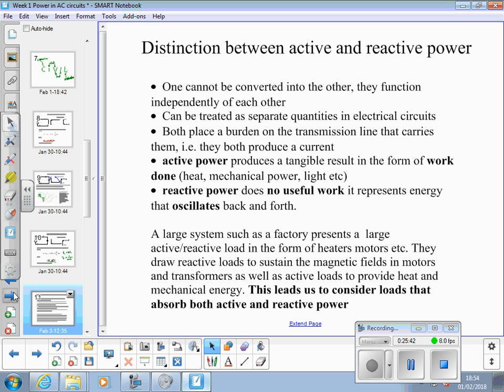A large system, such as a factory, presents a large active and reactive load in the form of heaters, motors, transformers, etc. They draw reactive loads to sustain the magnetic fields involved with them in the transformers, as well as active load to provide heat and mechanical energy. This leads us to consider loads that absorb both active and reactive power, and how we go about reducing the effect on the transmission system, which we're going to study.